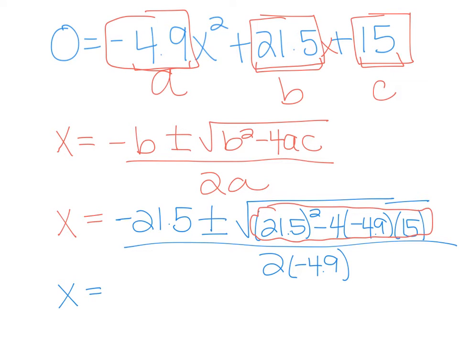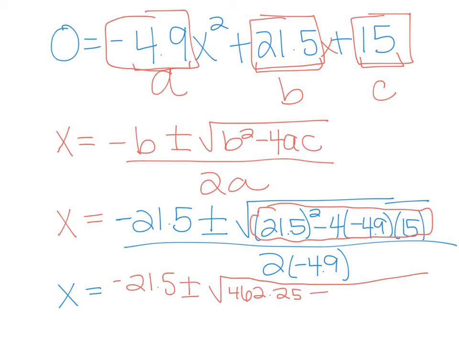I'm going to first start out by multiplying 21.5 by itself. When I square 21.5, I get 462.25 minus. Now I'm going to multiply all three of these numbers together, for negative 4.9 and 15.